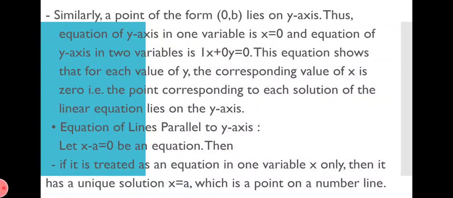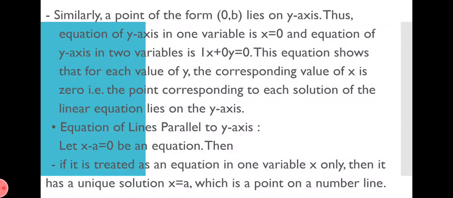If we take the equation x minus a equal to 0 as an equation in one variable x only, then we will have a unique solution. The unique solution will be x equal to a, because we transpose minus a to the right hand side, so it becomes plus a.